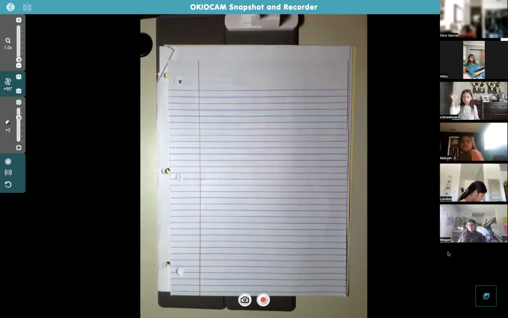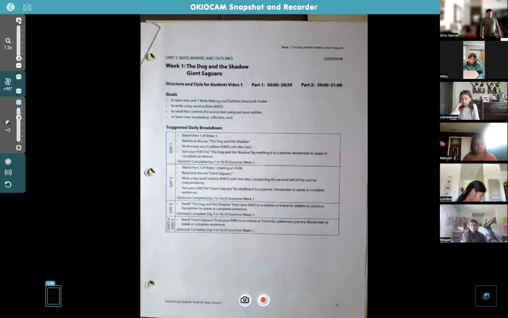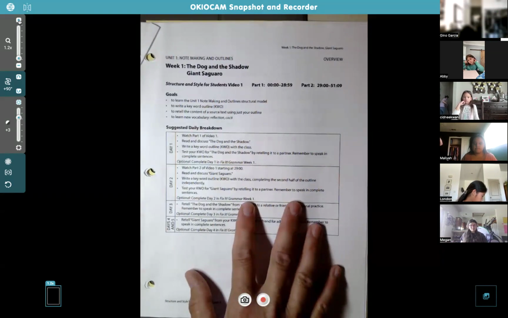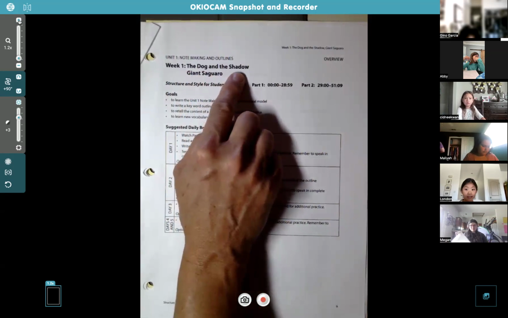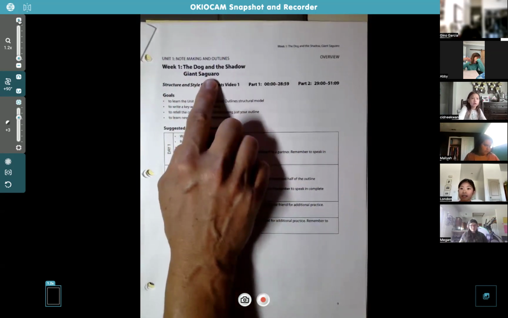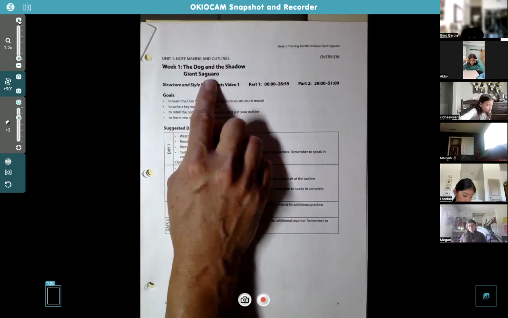So each week we work on our binder. Sometimes we take a couple weeks to finish one of the lessons. Going back to this page, this is page 9, and you'll see at the top week 1, and it says the dog and the shadow, and then it has this here, giant, and this word is saguaro. Maybe you've never heard of that word before, but we're going to learn what that means.